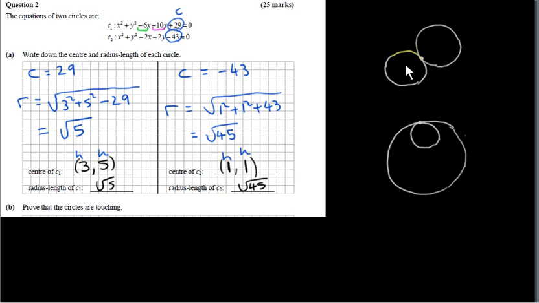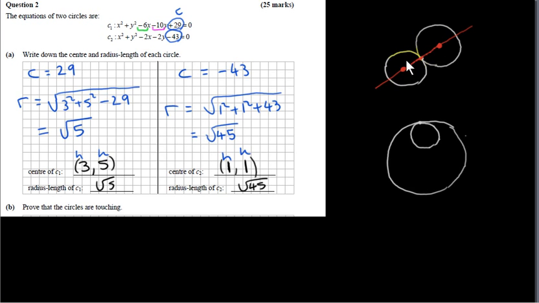Well, let's look at external touching first. If we take the centers of the two circles and draw a line through them, if the circles touch externally, that means at just one point. It is a fact that the line through the centers will actually pass through this point. And what about the distance between the two centers?